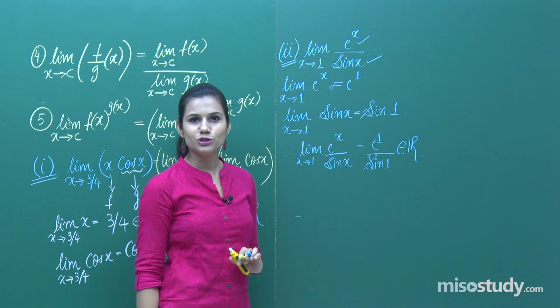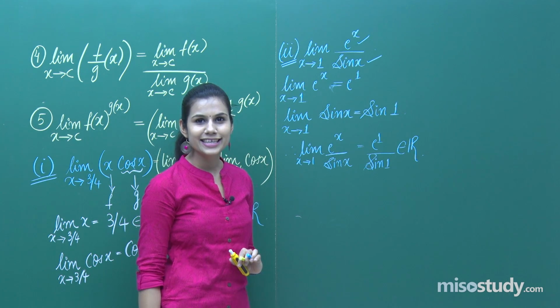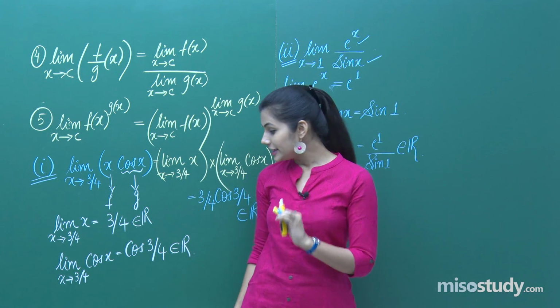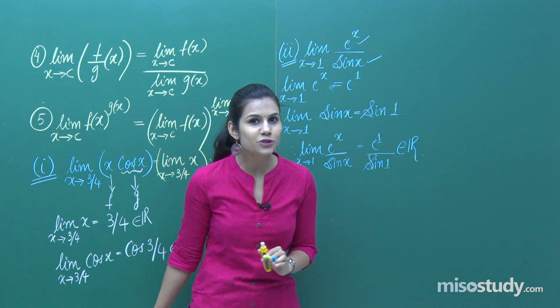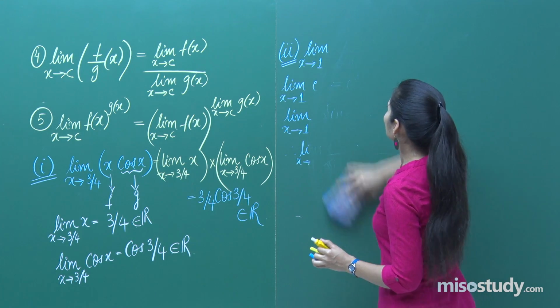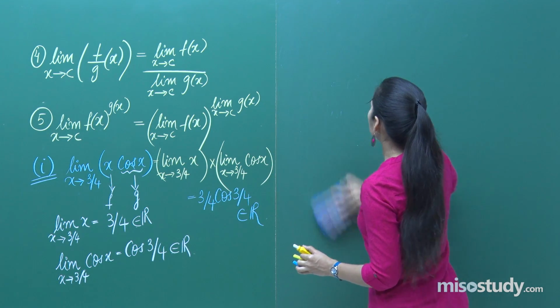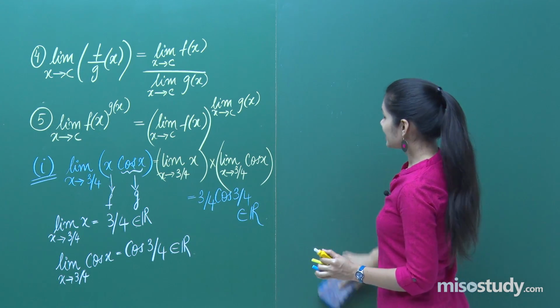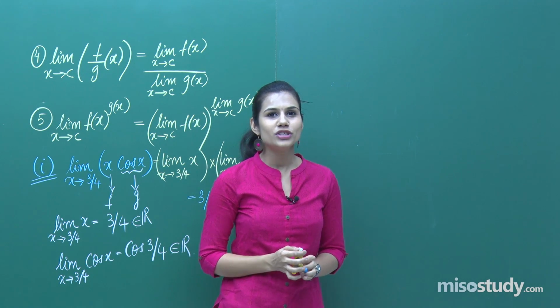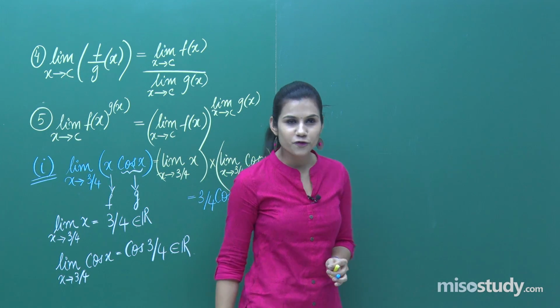But as I told you, it's not always the case. And what is the evidence that I have for this? The evidence is going to be presented to you in the name of the next topic, which is one of the most important, most interesting and exciting topics, which is indeterminate forms.